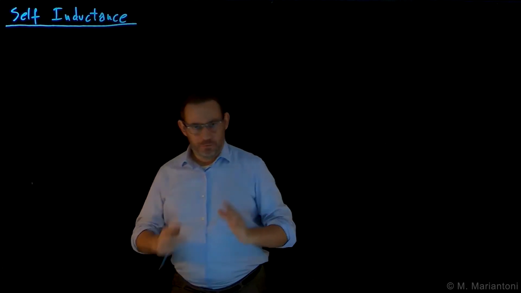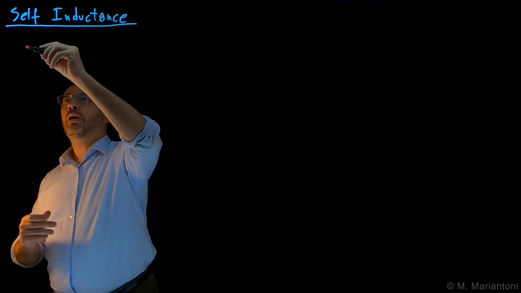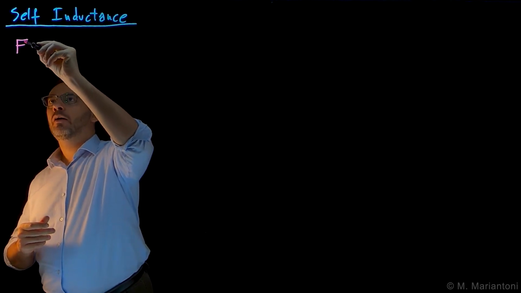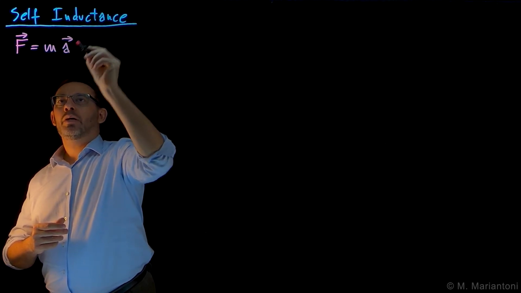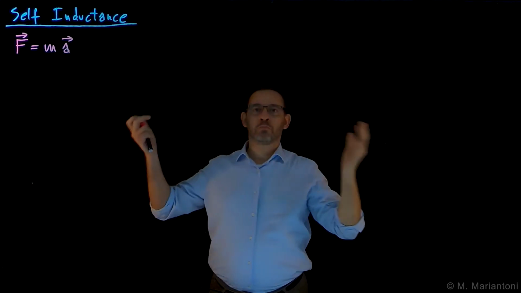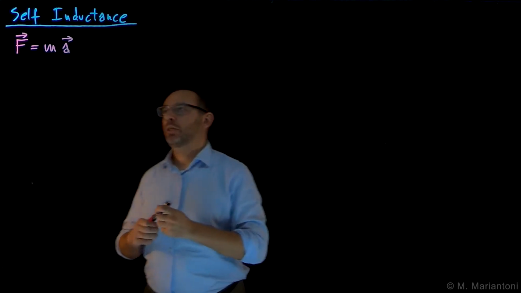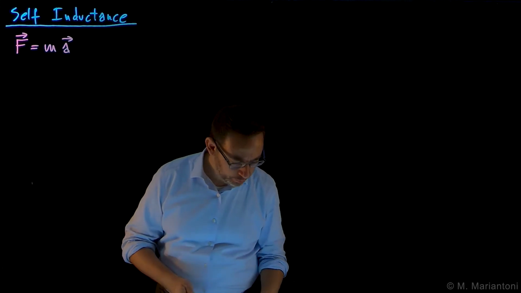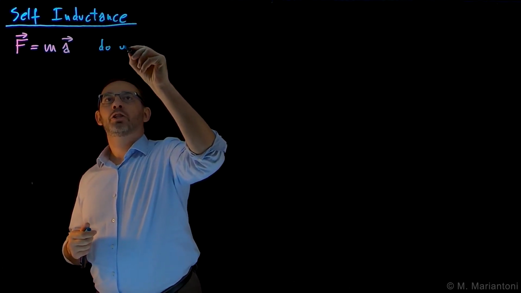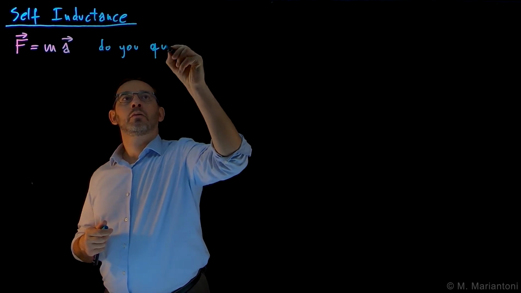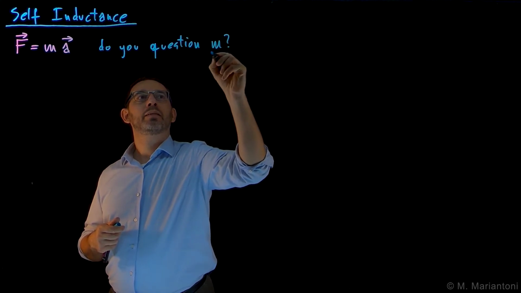All right, so first off, if I give you this seemingly very innocent equation, which is Newton's second law, F equals ma, where m is the inertial mass of an object, a massive object. Do we question m, the mass itself here?